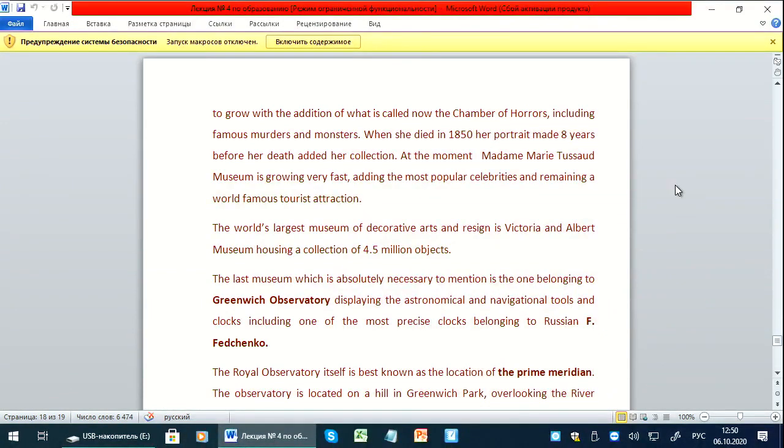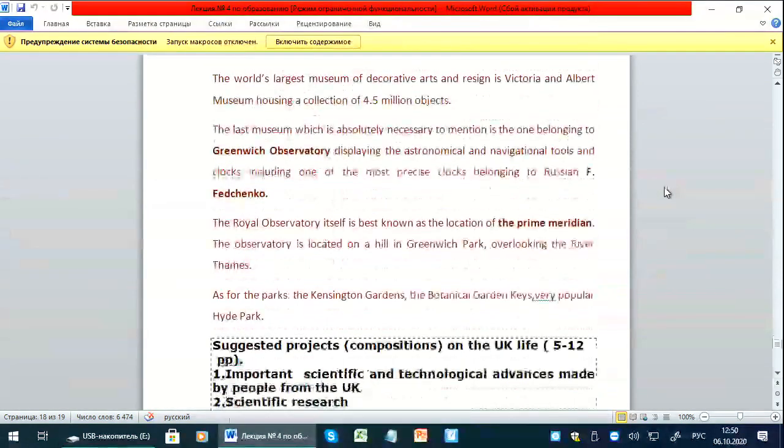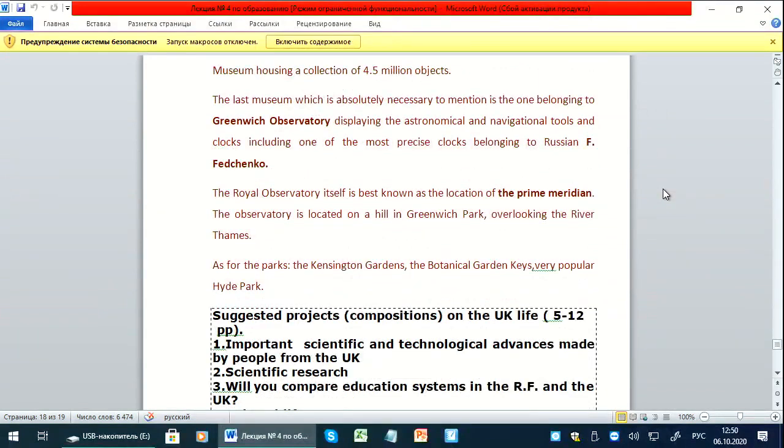The Royal Observatory itself is best known as the location of the prime meridian. The observatory is located on a hill in Greenwich Park, overlooking the River Thames.